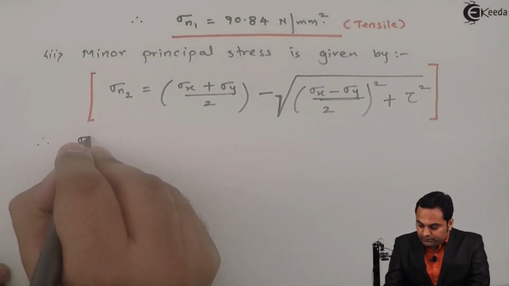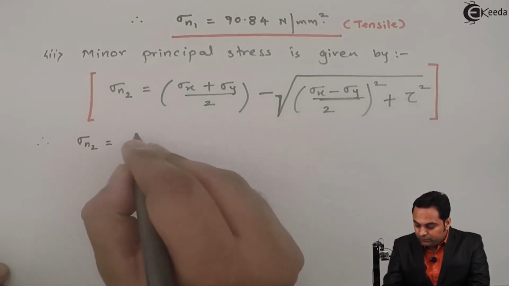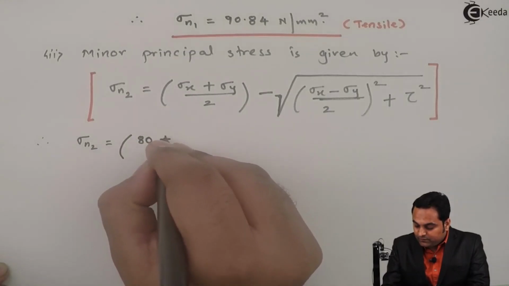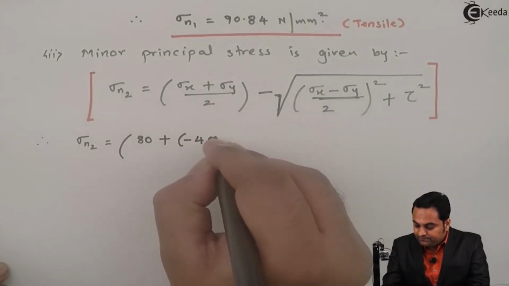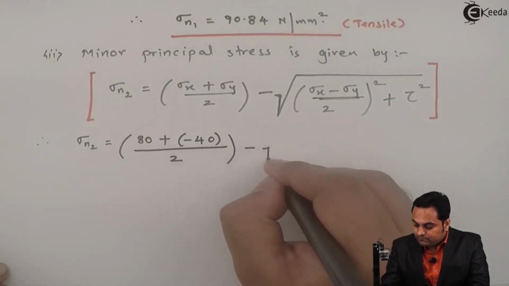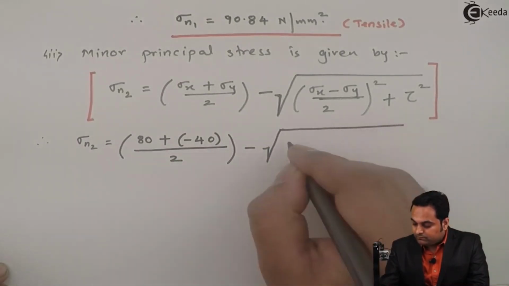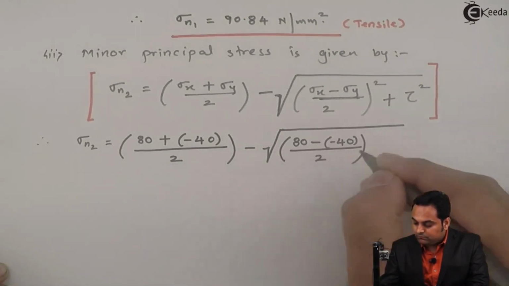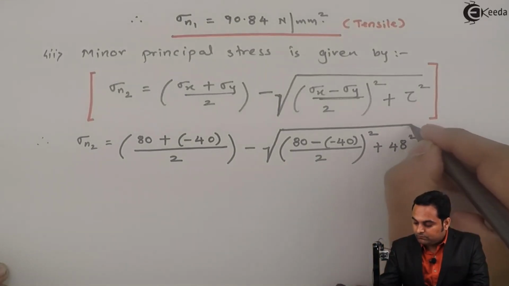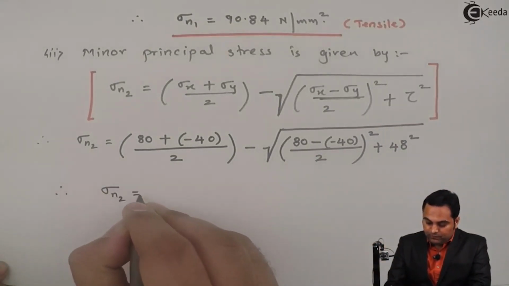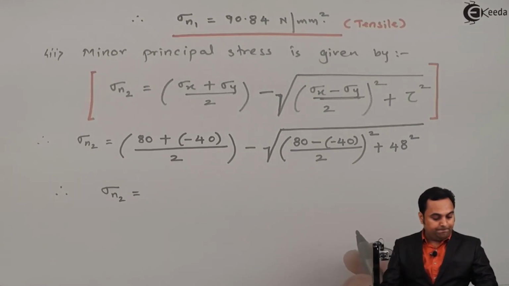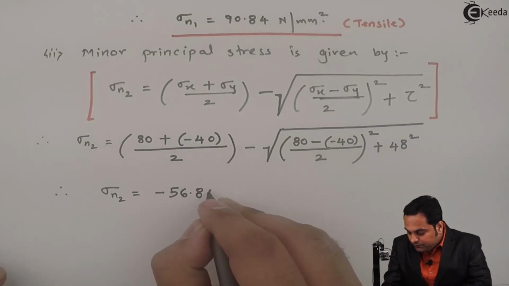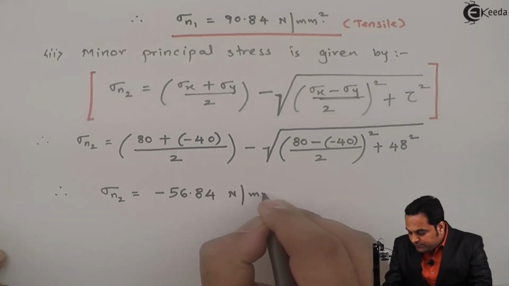Therefore sigma n2 is equal to, sigma x was 80 positive, sigma y negative, therefore sigma n2 comes out to be minus 56.84 Newton per mm square.